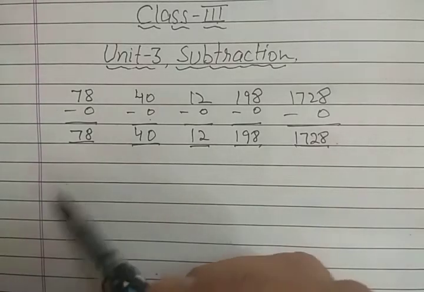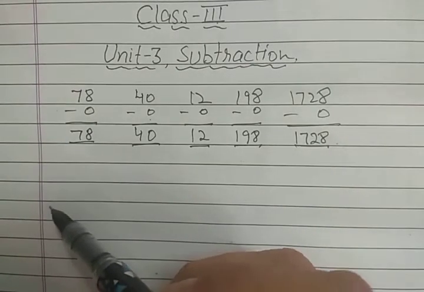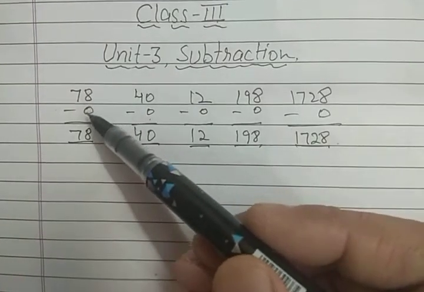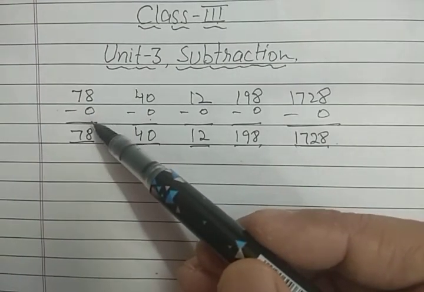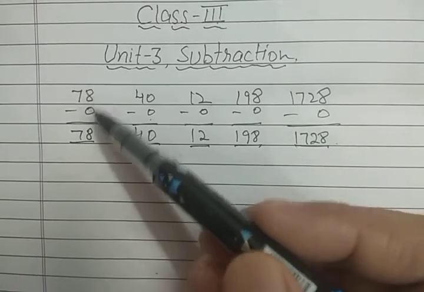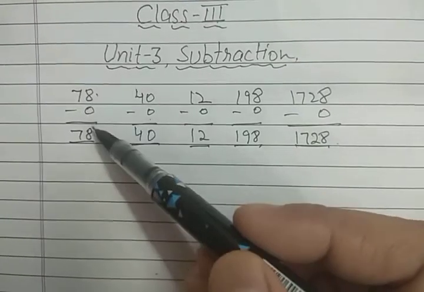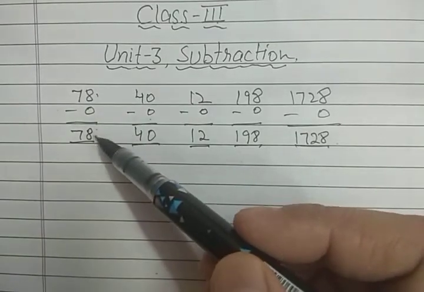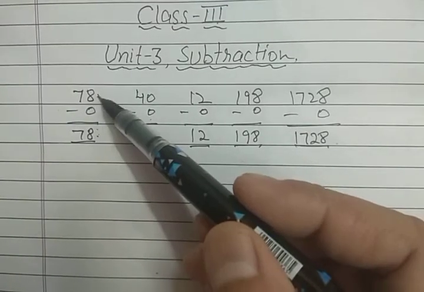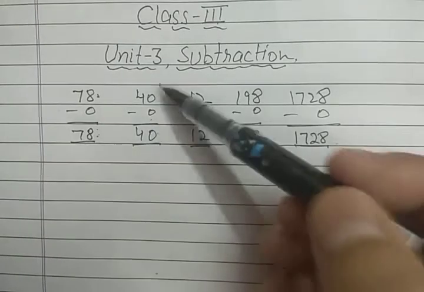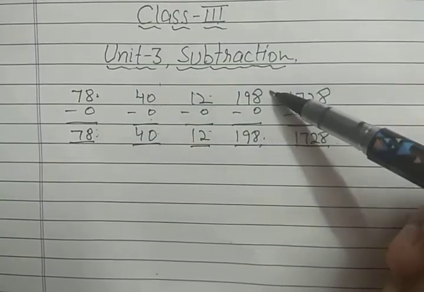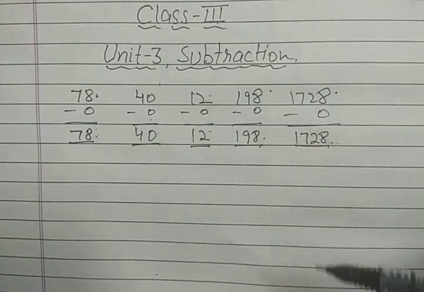Here we observe that the difference of a number and 0 is the number itself. You can see here the difference is the number itself: 40, 12, 198, 1728.